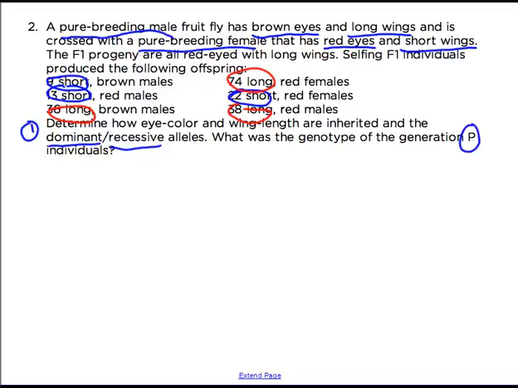So if we add those up, 13, 9, and 22 gives you 44 shorts, and 36, 74, and 38. Doing it real quick in my head, I think that's 148 long.